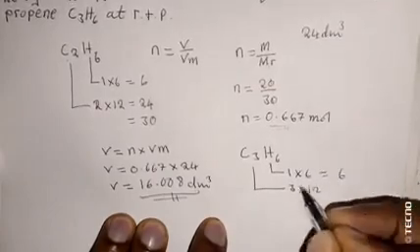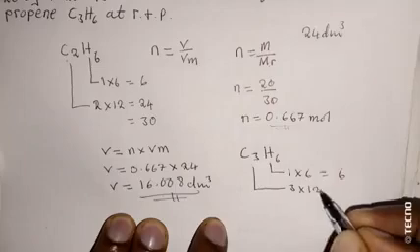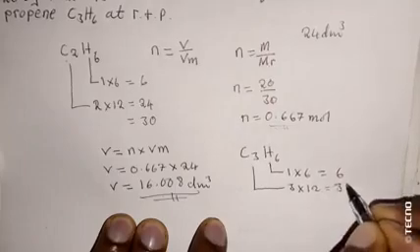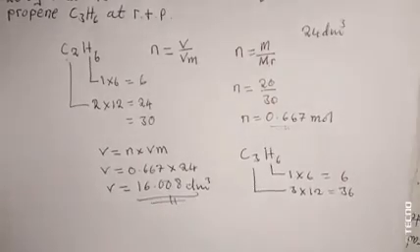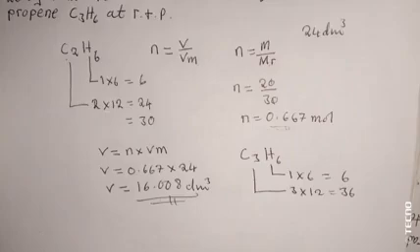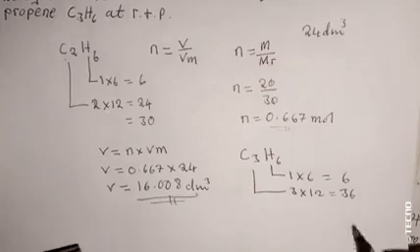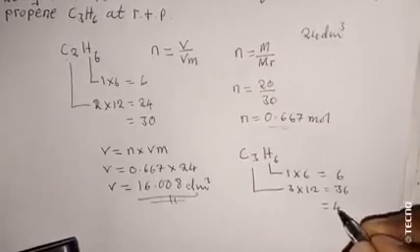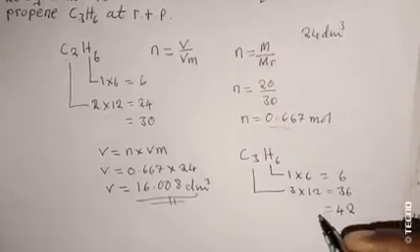Here it will give us 6, there it will give us 36, and 6 plus 36 gets 42. So here it's 42. This is our molar mass.